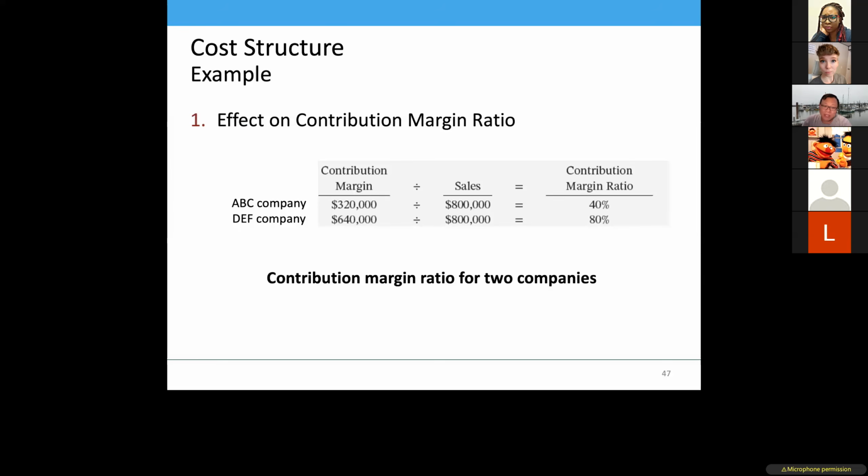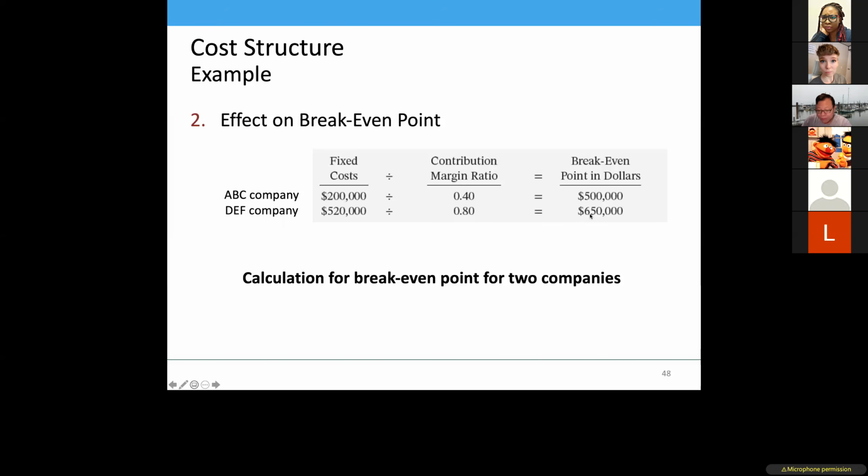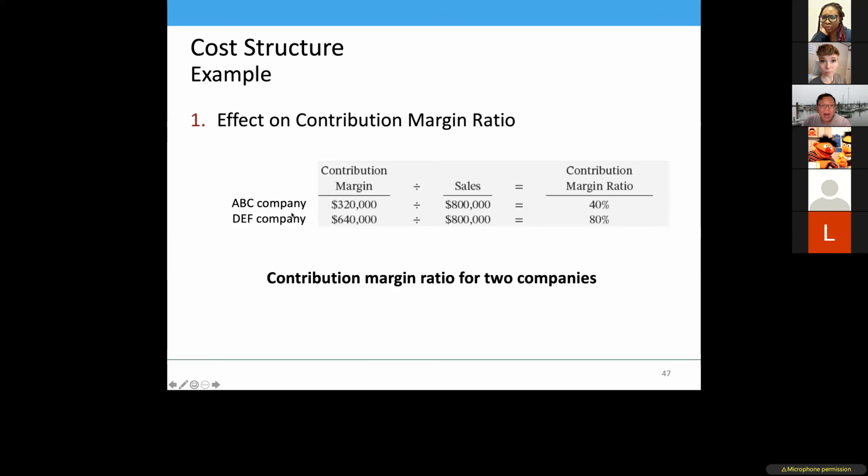But for ABC company, once you covered your fixed cost, every dollar you sell, you make 40 cents, right? You see the difference? If you are heavy with fixed cost, you have a big battle to fight originally, because you want to make sure you're able to generate enough contribution margin to at least break even.